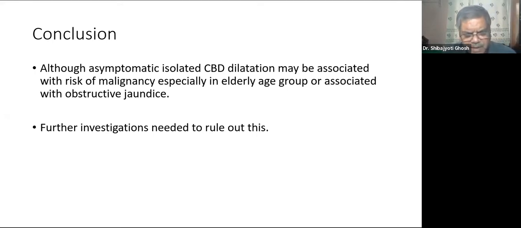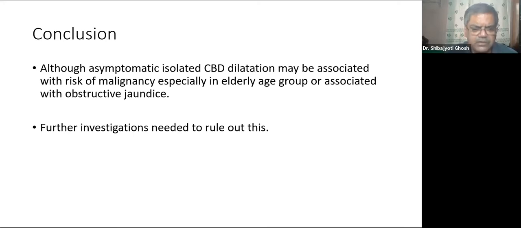In the articles that we mentioned at the beginning of our lecture, it is written that we'll have to evaluate on MRCP whether it is a dilatation of the common bile duct only, or a dilatation associated with the intrahepatic biliary radicals.